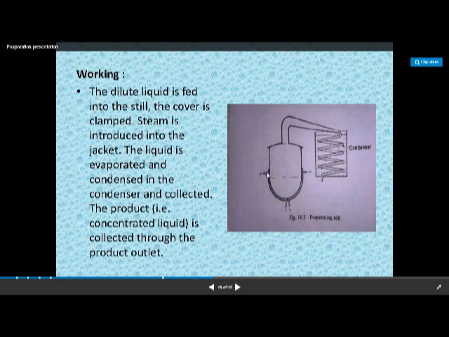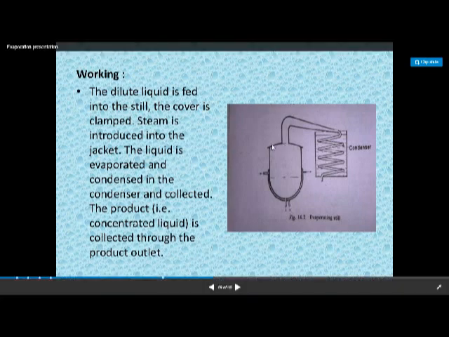Here is the inlet for the steam, this is the air outlet, and this is the product outlet through which we can collect the product, and the condensate we get through the condenser.